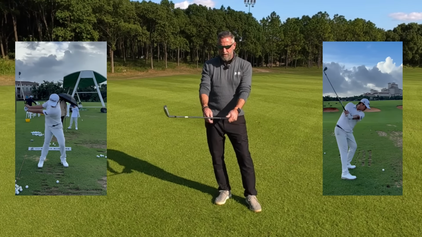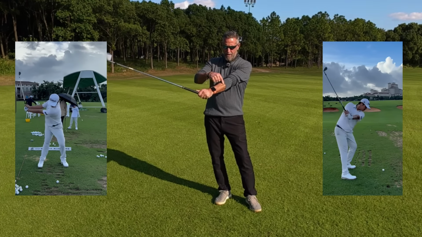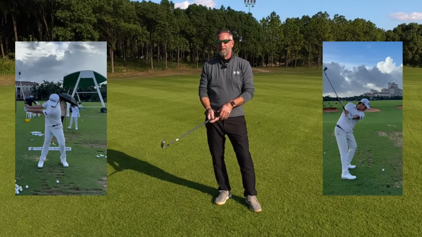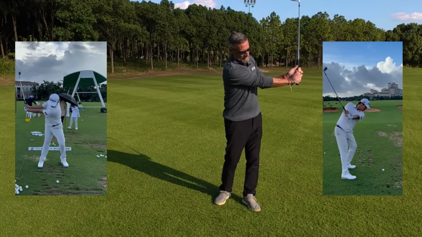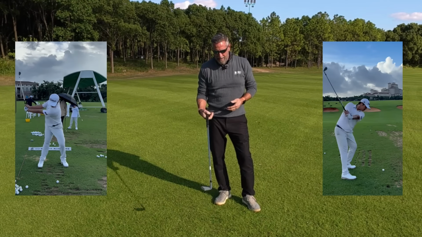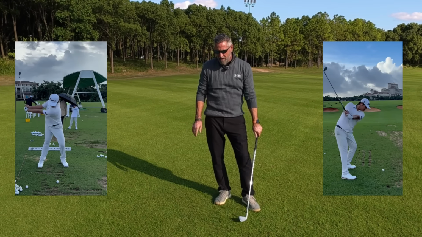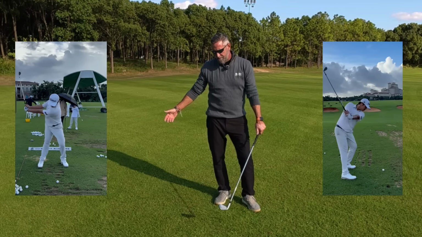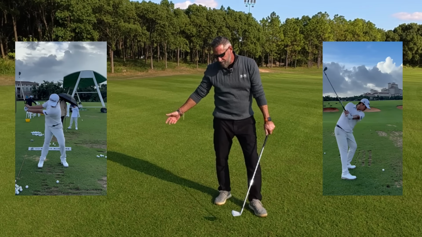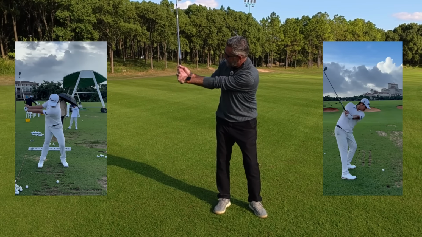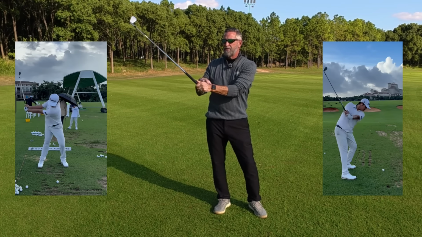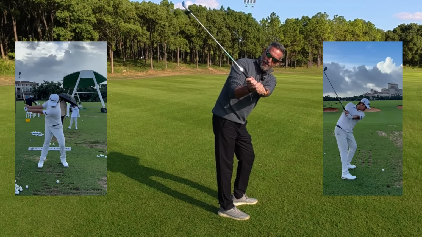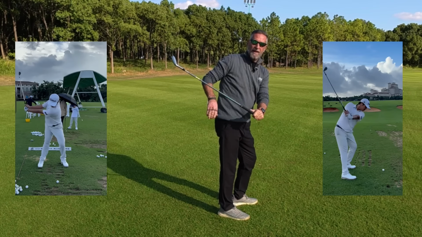So P3 is when our left arm is parallel to the ground. I always talk for right-handers. Obviously, for a left-hander, it would be the right arm parallel to the ground. Left arm parallel to the ground. Definitely at P3, we will see how our second accumulator has loaded, our third accumulator has loaded, which will put my club in the plane.